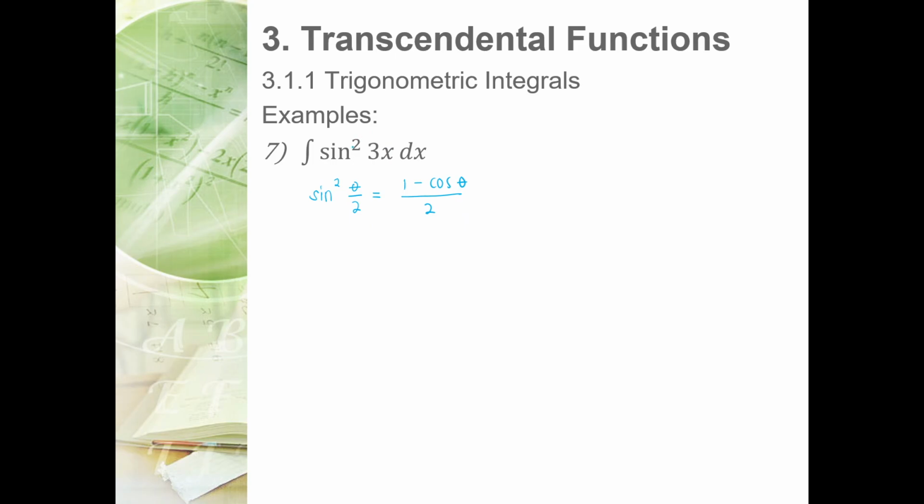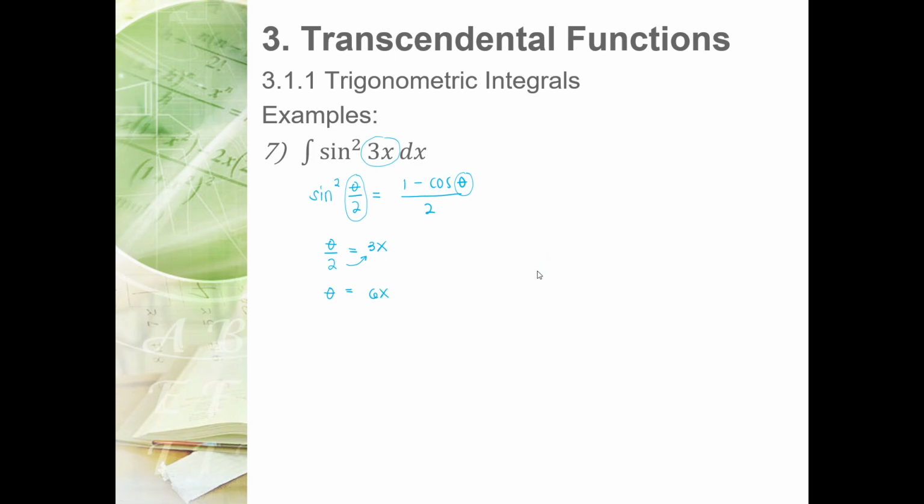So again, looking at the format, 3x will become the half angle. Meaning theta over 2 is equal to 3x. Since we have a theta on its counterpart, isolating theta, multiplying 2 to the other side, theta is equal to 6x.